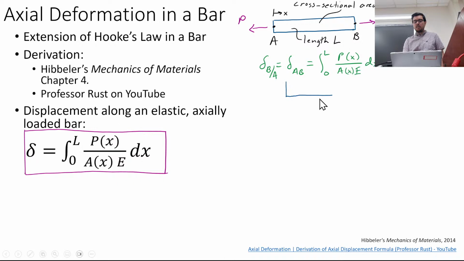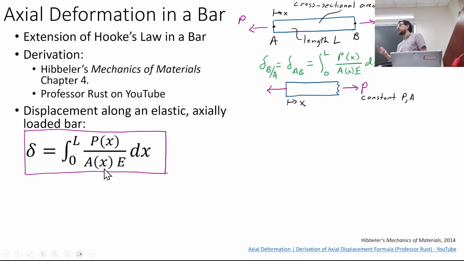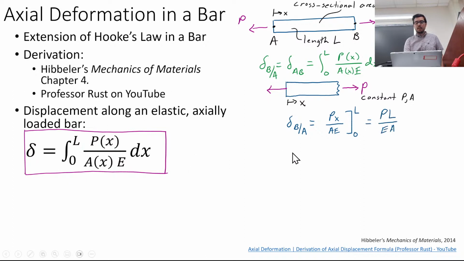As we said, we can cut this thing and look at what the internal force is along X. It's nice and constant, and so is A. So this is not P times X, not A times X, it's actually P as a function of X and A as a function of X. And so what we get is the integral of P dx over AE.